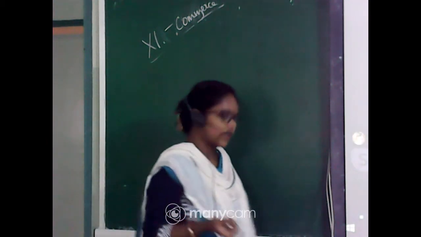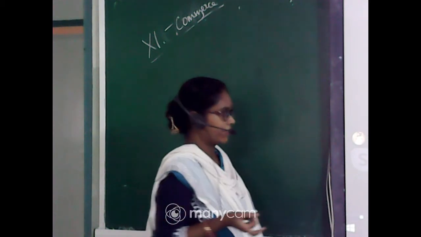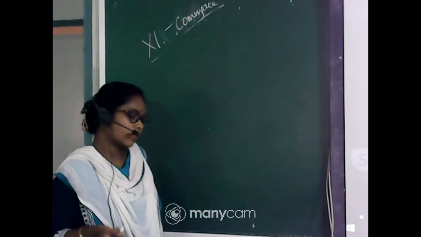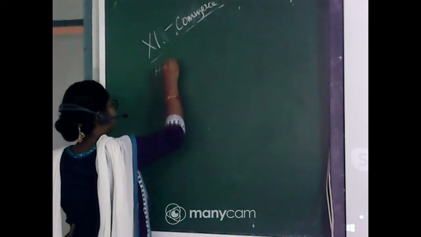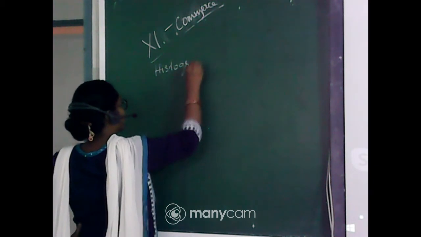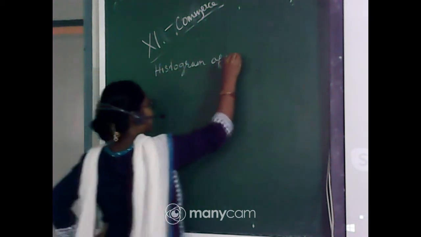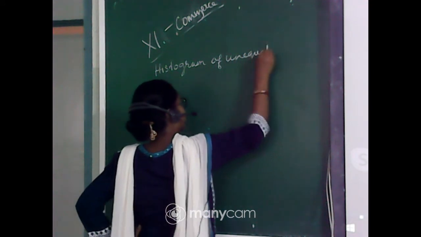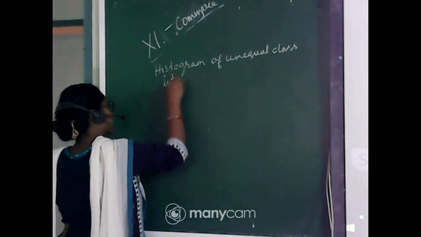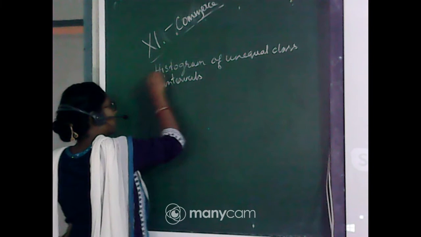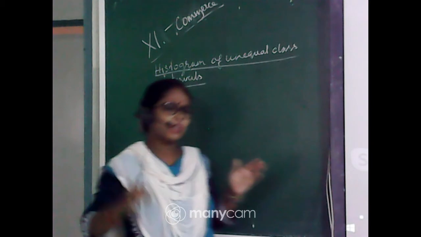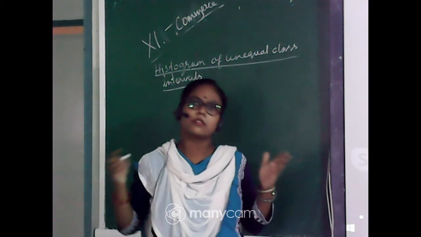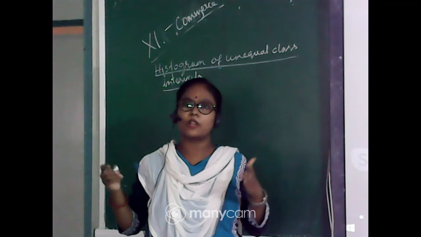In the previous class we did histogram of equal class intervals. Today we will do histogram of unequal class intervals. That means like 10 to 15, next 15 to 20, next one 20 to 30.